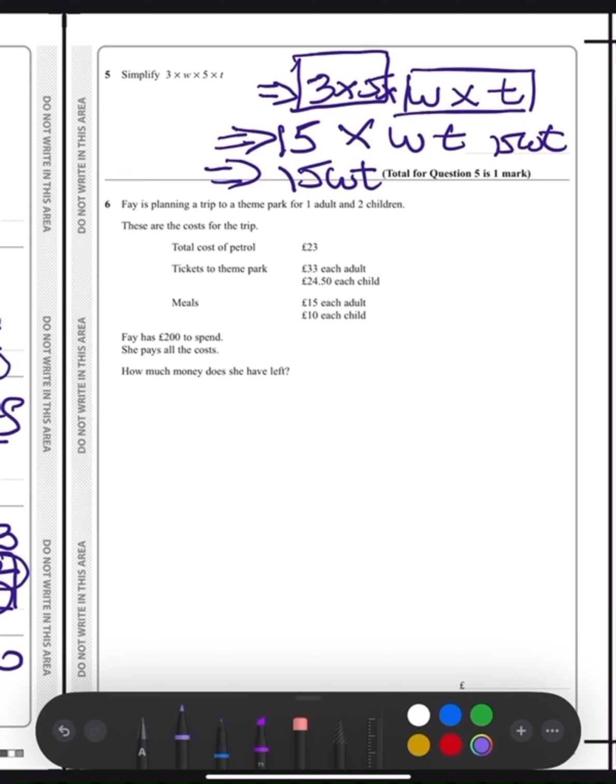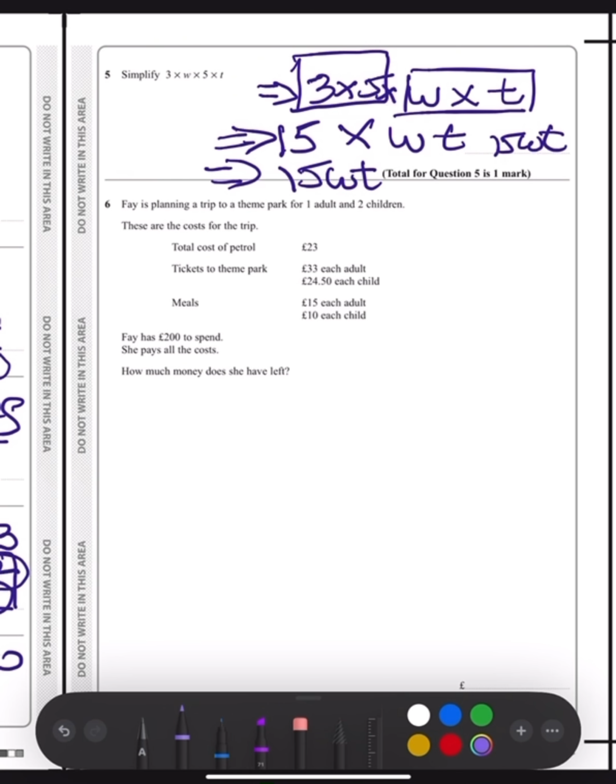If you again didn't understand, let me give you a small summary. What we really did is we got the like terms together. Like terms meaning the ones which are similar, the ones which are easier to multiply or divide. So we got the letters to one side, the numbers to one side. We multiplied 5 into 3, which is 15. We multiplied W into T, which is WT. And then we know that we've got 15 into WT.